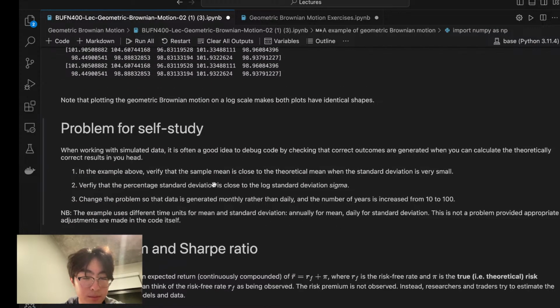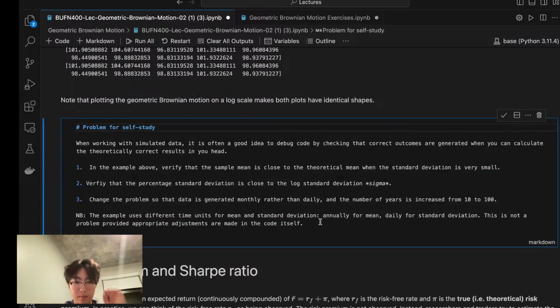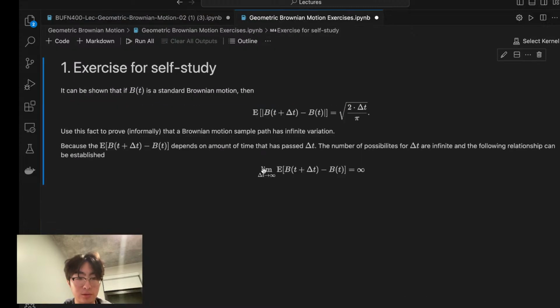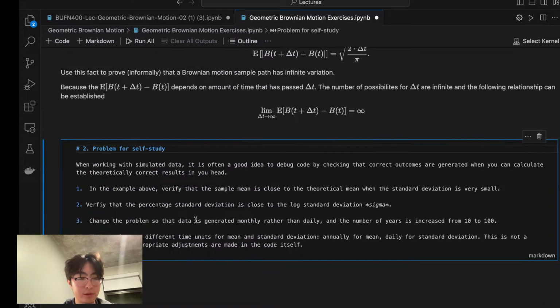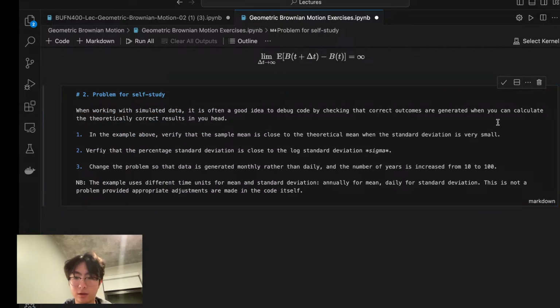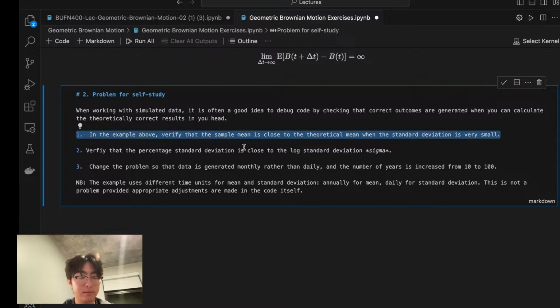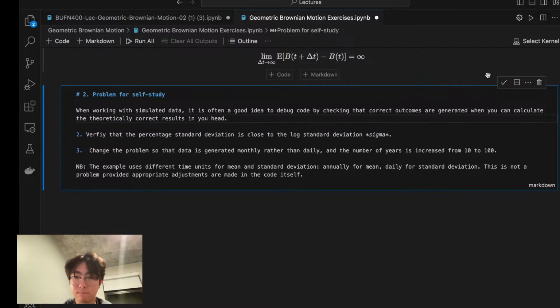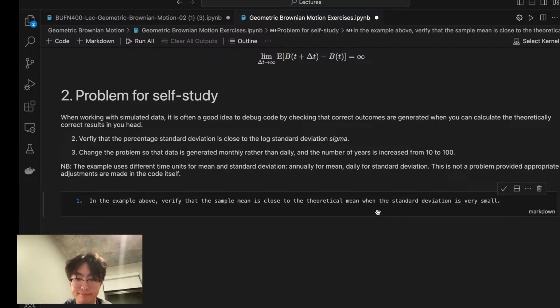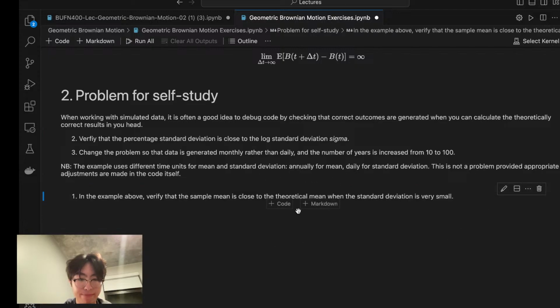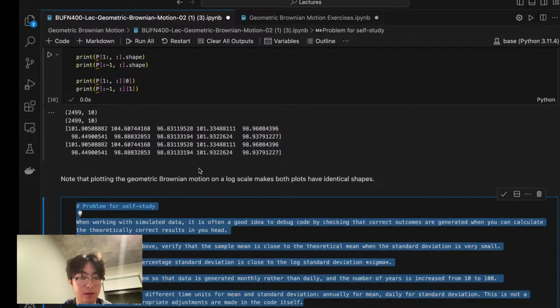Change the problem. All right. So I'm gonna put this all into a new notebook, and then a problem for self-study. Okay. I'm gonna add the code here.